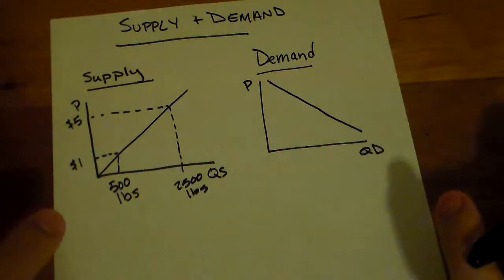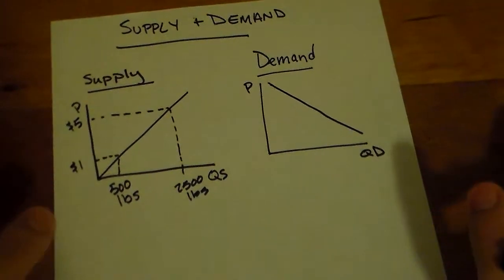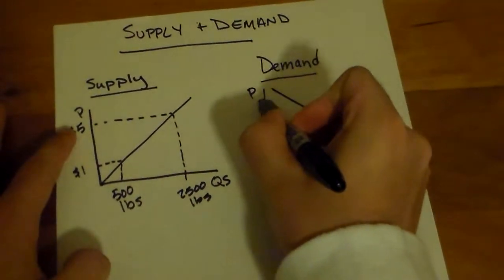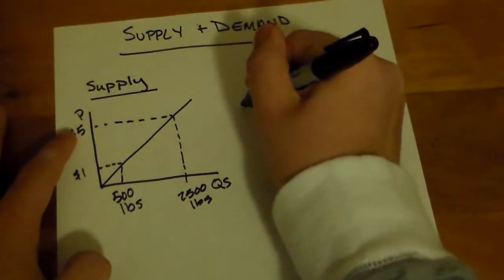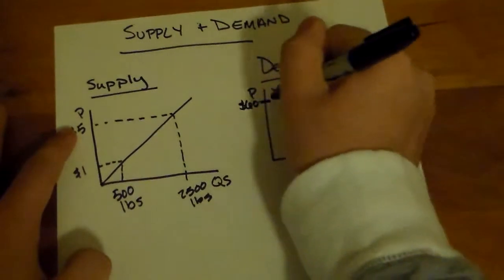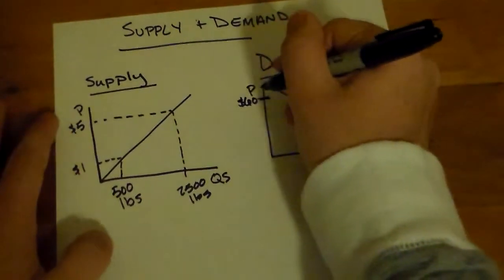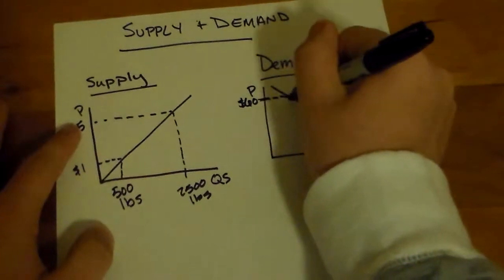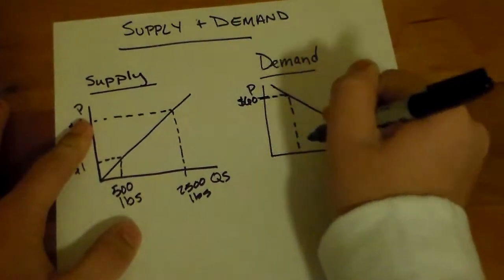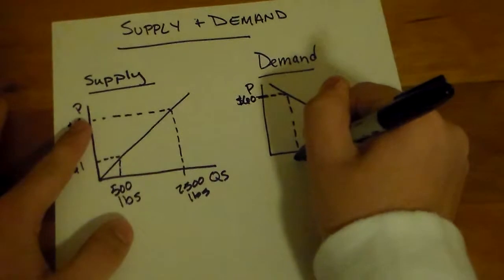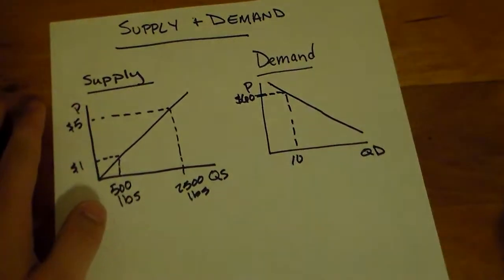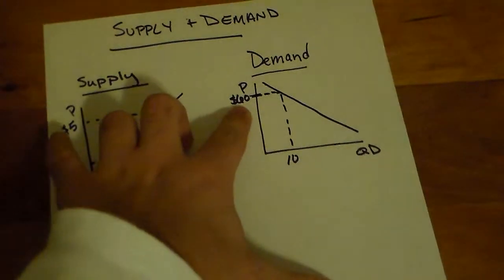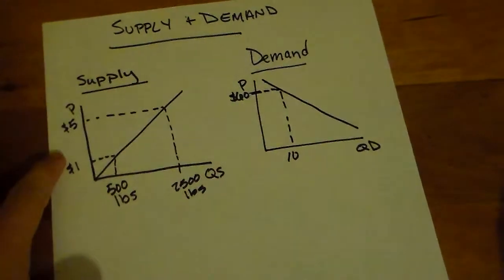So basically, if I wanted to buy something, let's say a video game, priced at $60, and that's what Best Buy was selling it for, maybe 10 video games were bought at that price.